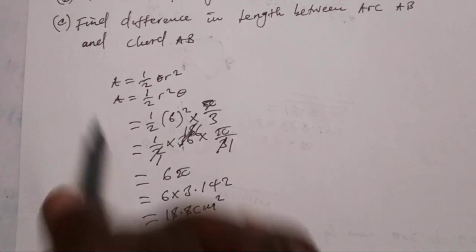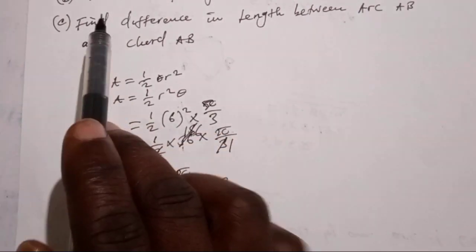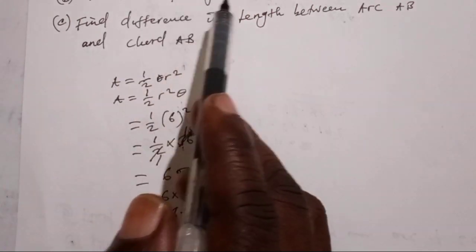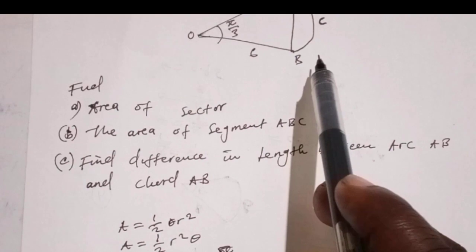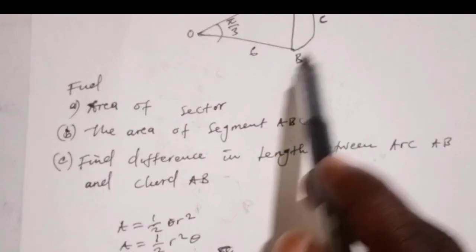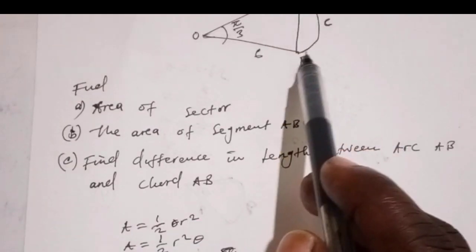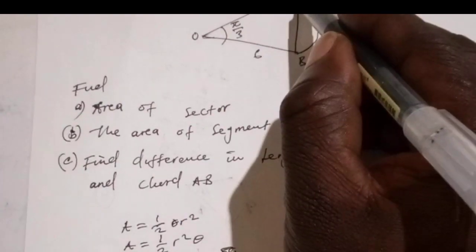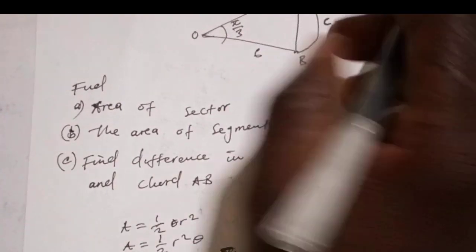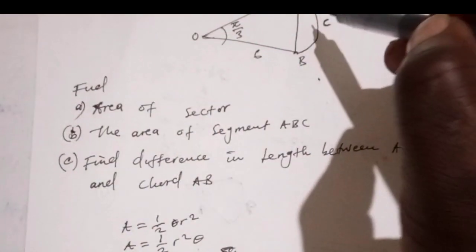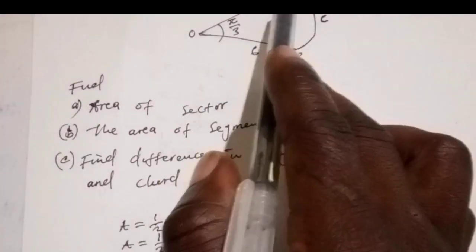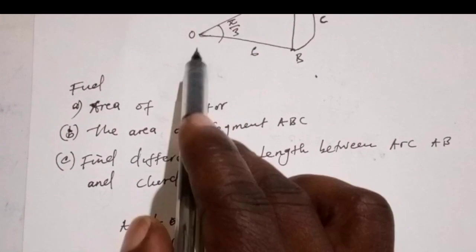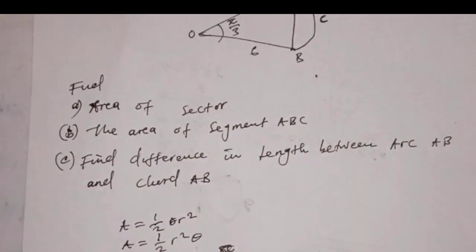So now let's find the area of segment ABC. So we have to find this. For us to find only this part here, we have to subtract this triangle from this sector, which you can see here.